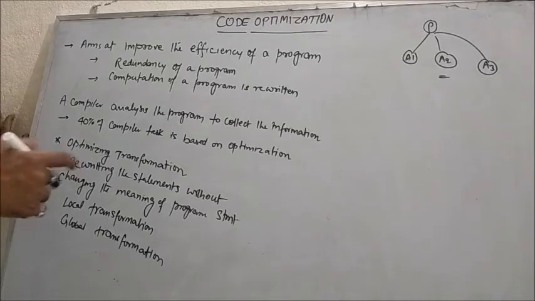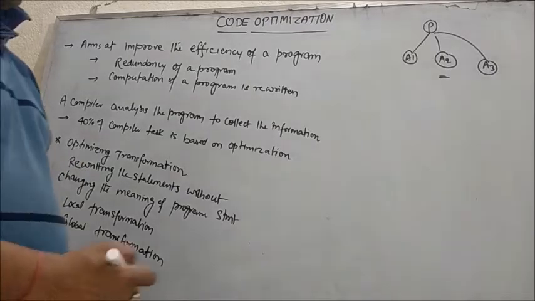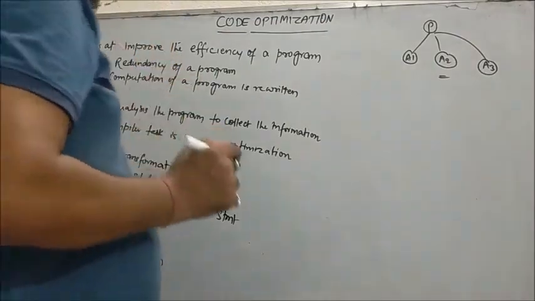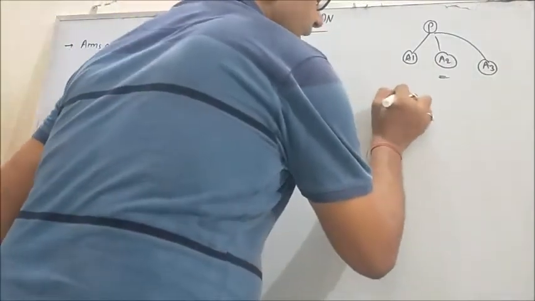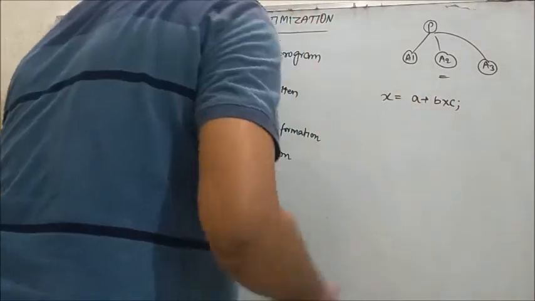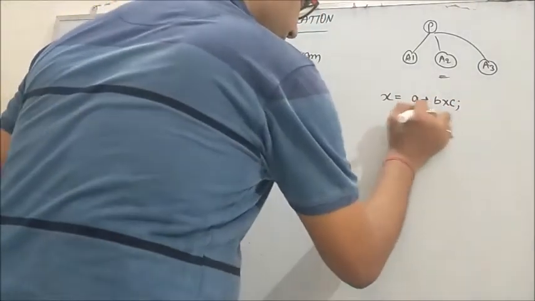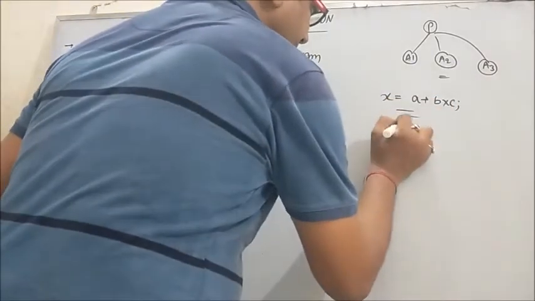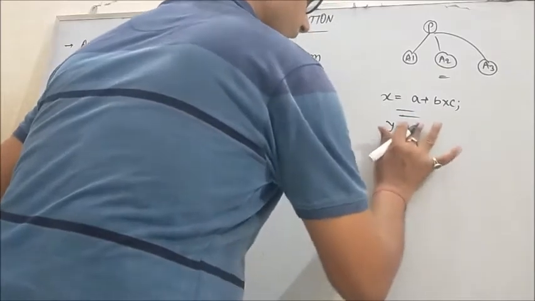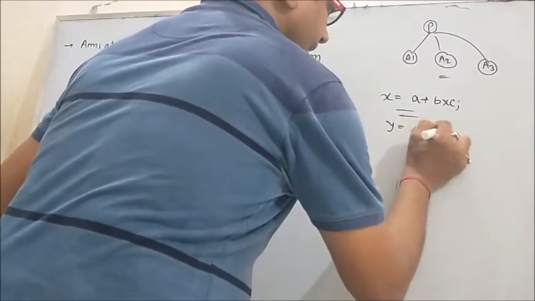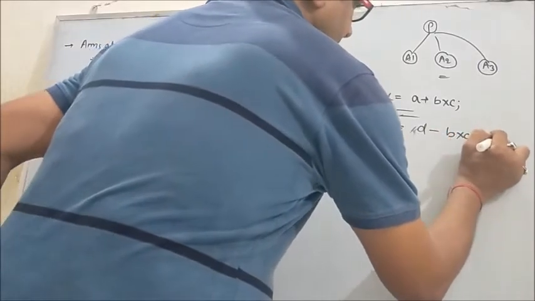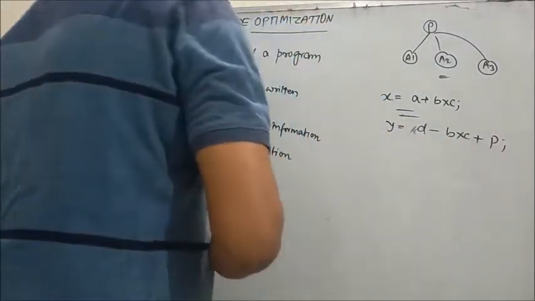Say, for example, I am just taking one example. Suppose I have one instruction, x = a + b * c. After some coding, we get y = d - b * c + p, like that.